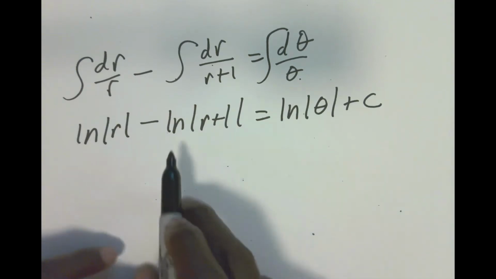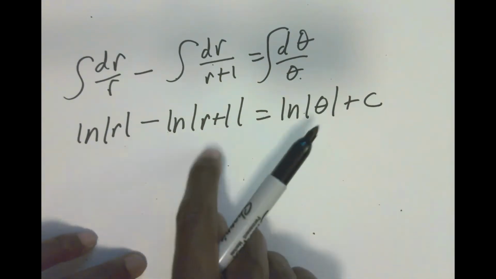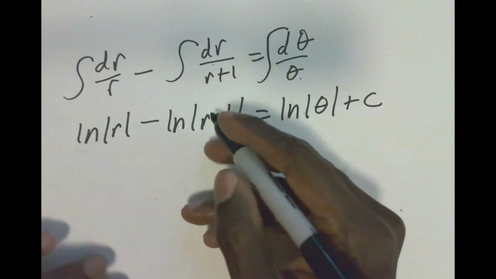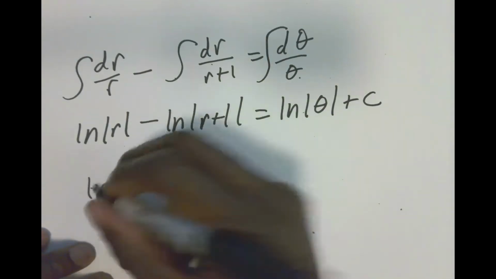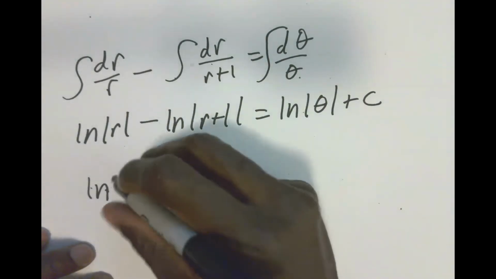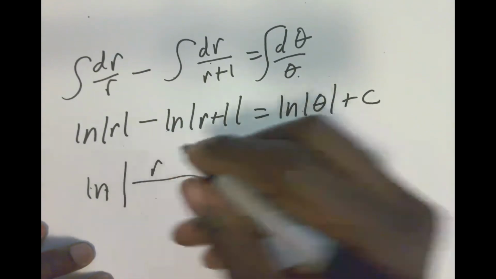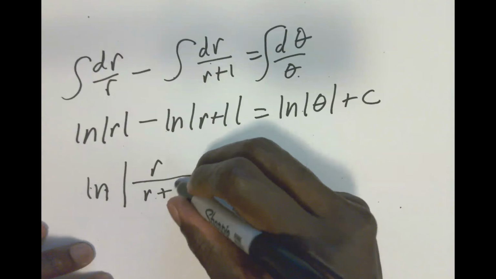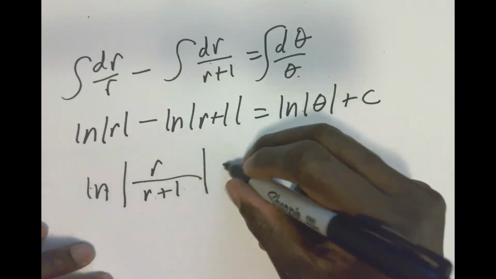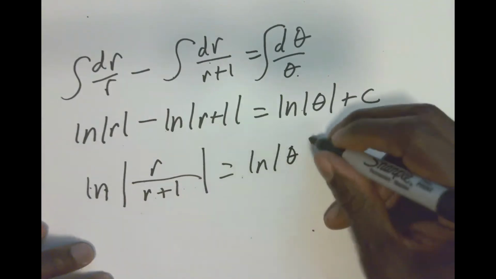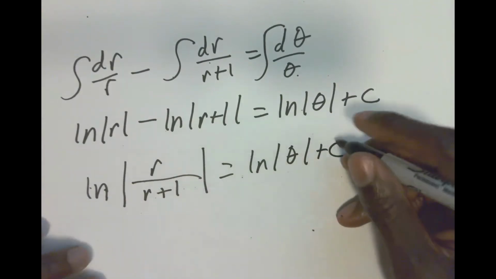By the properties of logarithms, I can make these two logarithms one logarithm, ln of r over r plus 1, and that equals ln theta plus c.